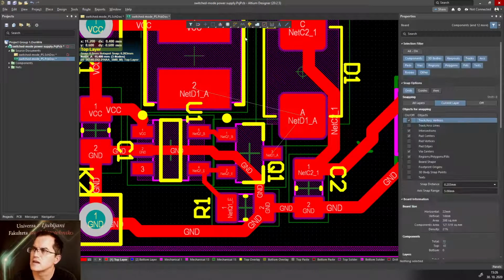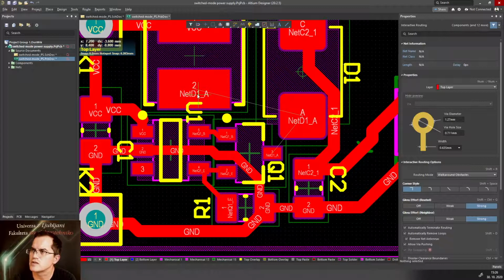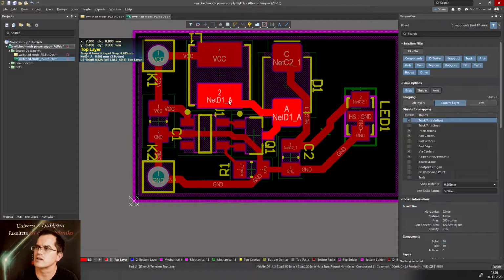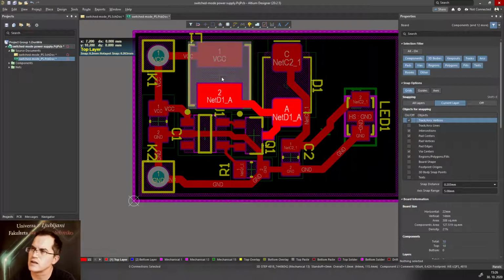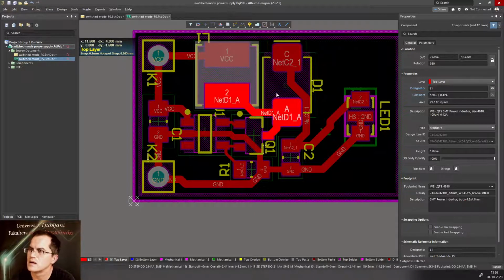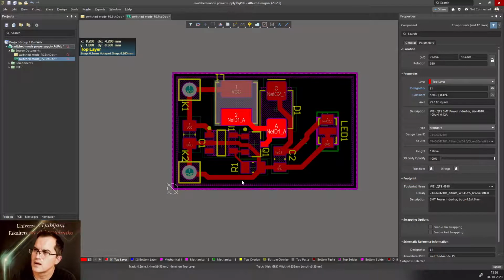The area of the switching node should be as small as possible, and it should be contained in the middle. So this is the switching node area. Now it is placed in the middle, as close as possible. Now let me check this new design.